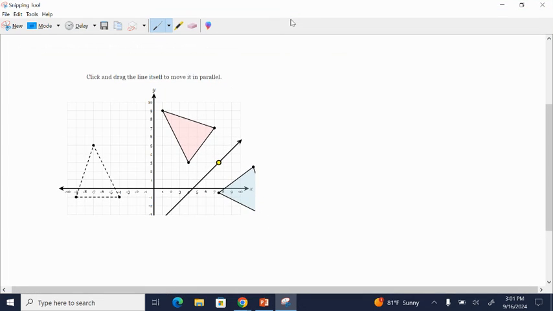I need to draw the line of reflection in between these two figures so that the pink would reflect onto the dotted. Remember, the key phrase is the perpendicular bisector. Your reflection line is the perpendicular bisector of the segment connecting the pre-image with the image.